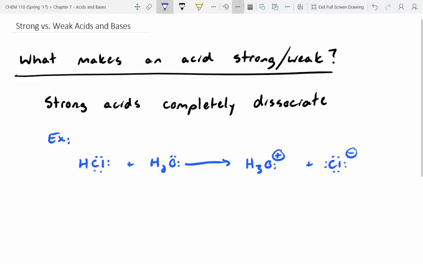If we were to go and measure this, we would say, all right, we've got 100% ions in solution after we mix everything up. So there's no more HCl left in solution. In fact, it's only H3O plus and Cl minus in solution. That's what a strong acid is, it's 100% ions in solution.